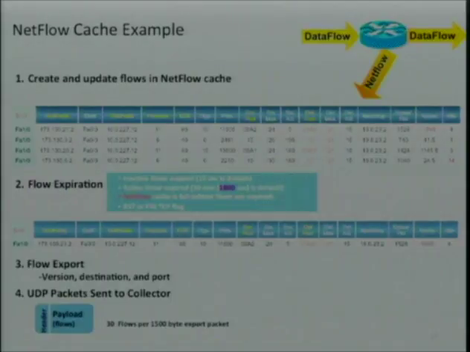There are two primary ways a flow will expire: an inactive timer. If a flow stops sending information for, I think the default is 15 seconds, the flow will be stopped. And an active timer, the default is 30 minutes. An active timer will be called whenever, say, a traffic flow is 60 minutes long.